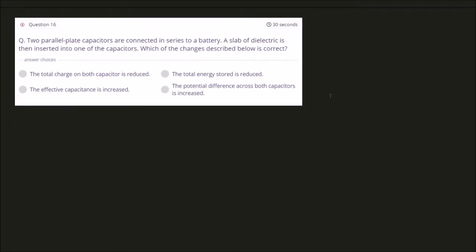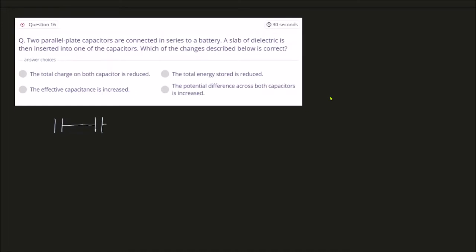Question 16. Two parallel plate capacitors are connected in series to a battery. A slab of dielectric is then inserted into one of the capacitors. Which of the changes described below is correct? If you would like to draw the situation out, there will be two parallel plate capacitors connected in series.